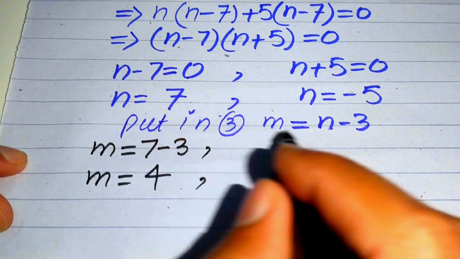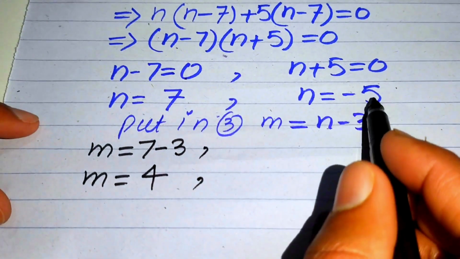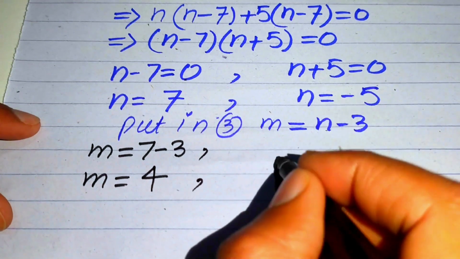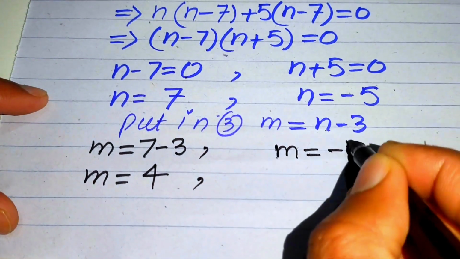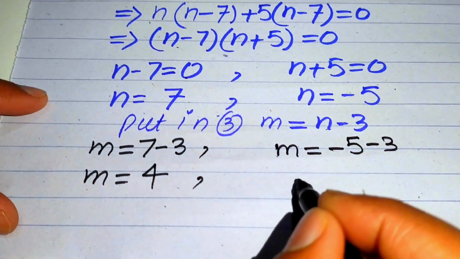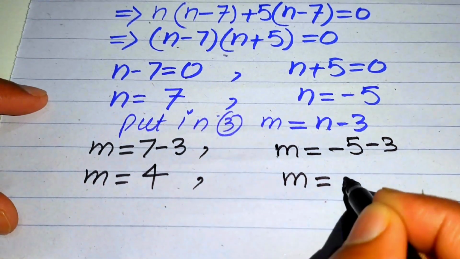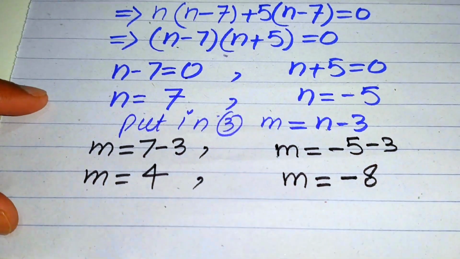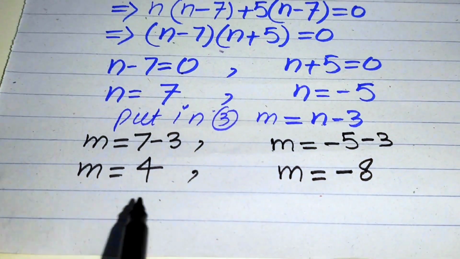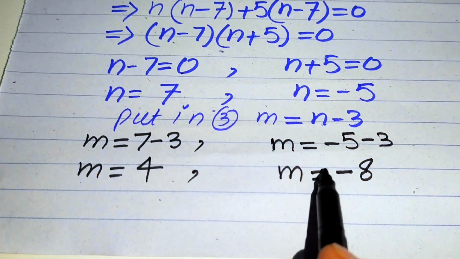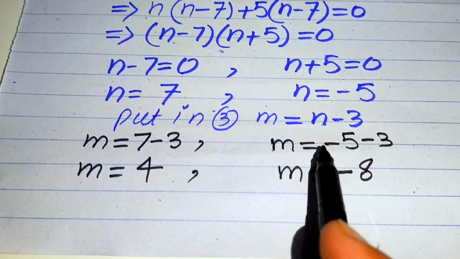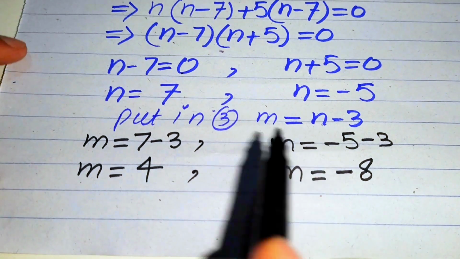Similarly, in this case we put n equals minus 5 in this equation, and we get m equals minus 5 minus 3, so m equals minus 8. These are the two values of m, with the two values of n.